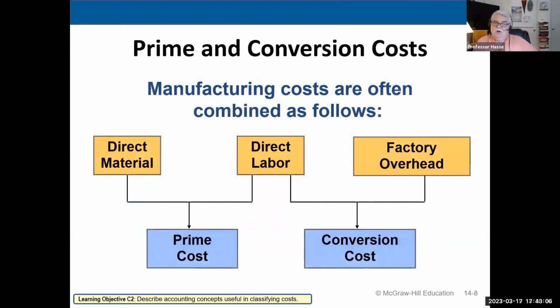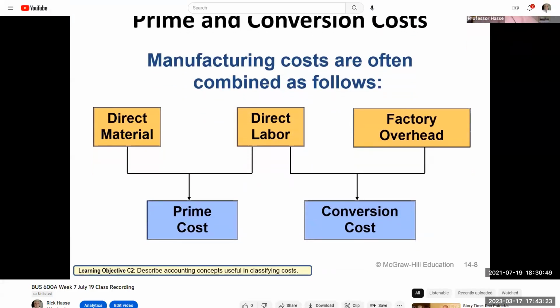Another designation of costs associated with manufacturing or providing services is whether it is a prime cost or a conversion cost. I can't tell you how many times I've been in meetings over my career and somebody goes, well, our prime costs are under control. We have a labor union contract. We have two, three, four-year vendor contracts with our material suppliers. Those prime costs are under control.